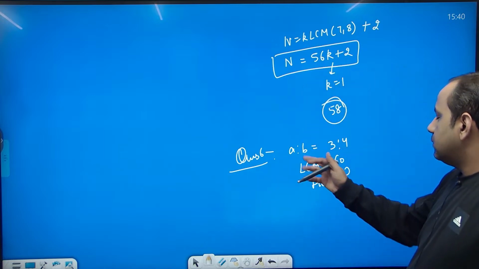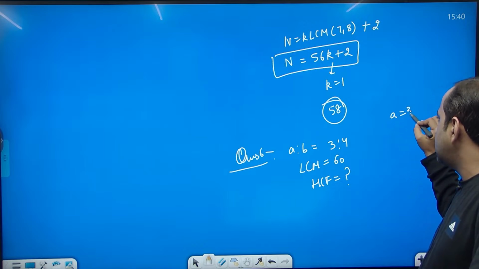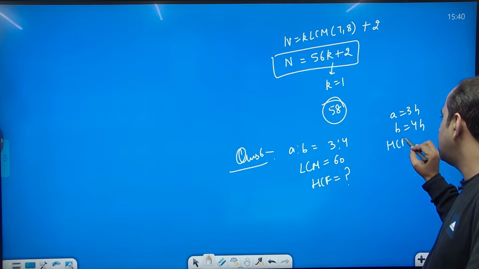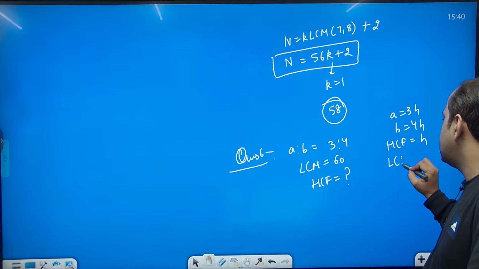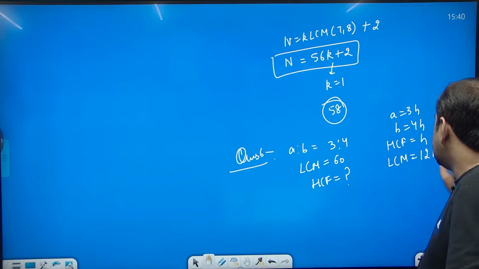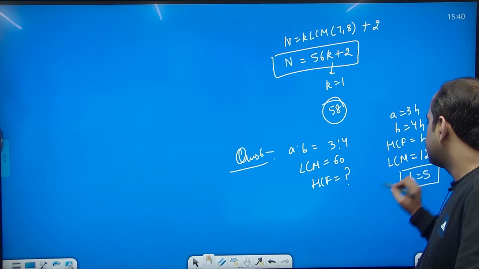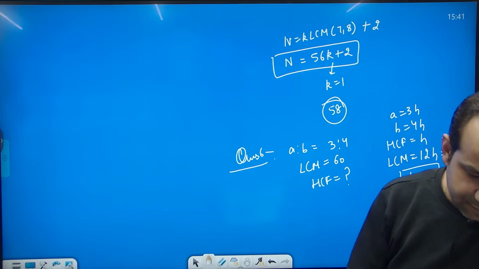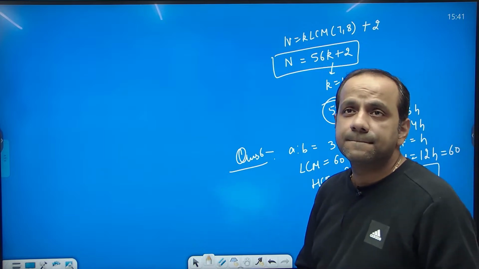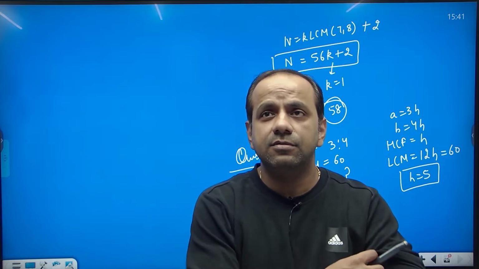So if the two numbers are in ratio 3:4, we can say A can be 3H, B can be 4H, HCF will be H, and LCM will be 3 into 4 into H, that means 12H, and it is given that LCM is 60, so H will be, क्या निकालना था, HCF, so HCF will be 5. Any doubt in this? Assignment must be there in your Telegram group, check करो.